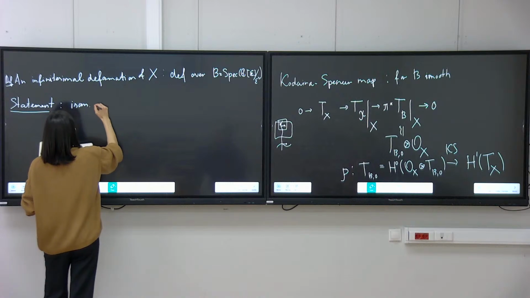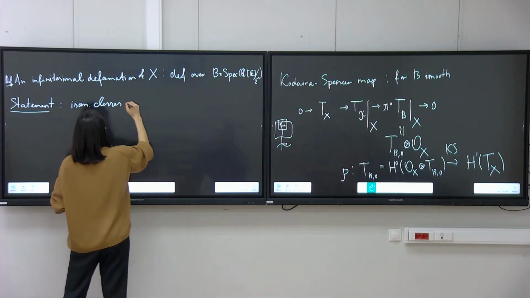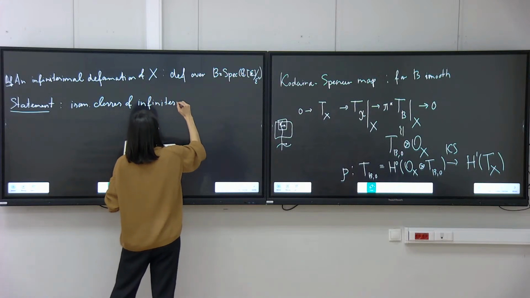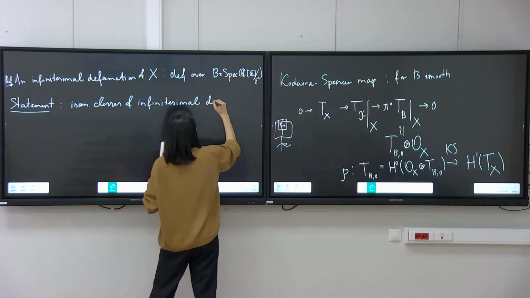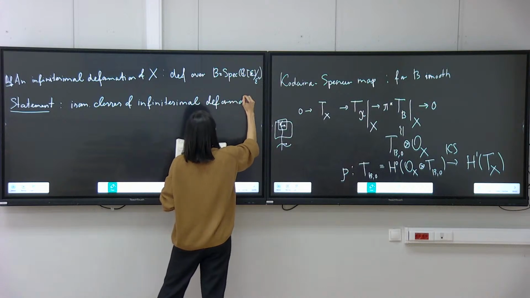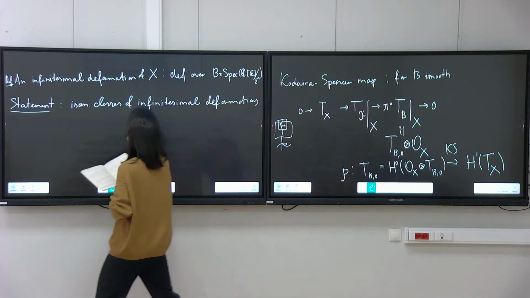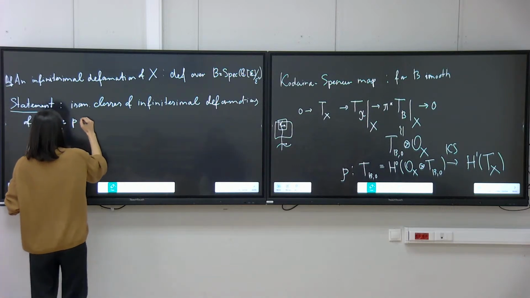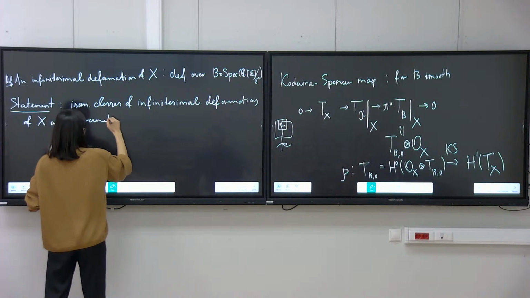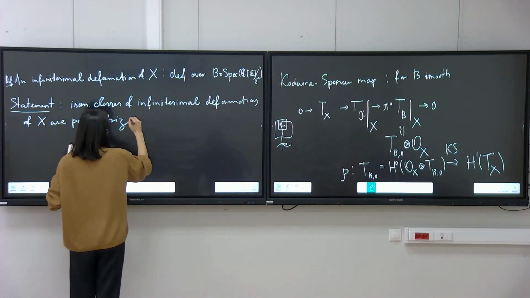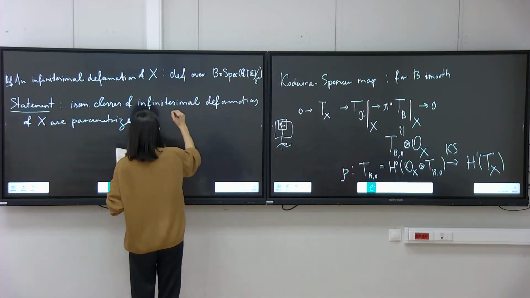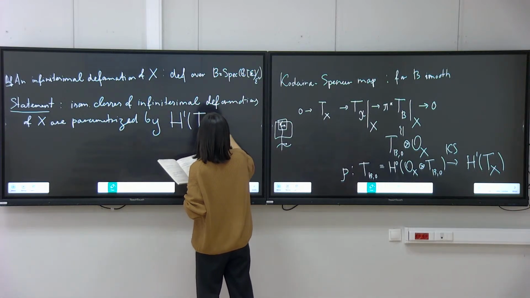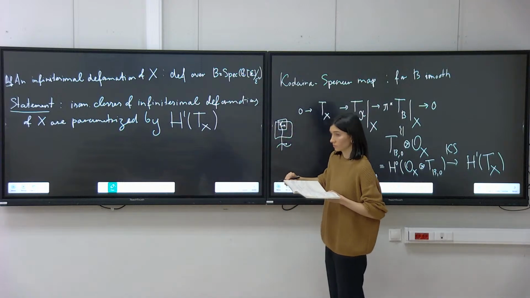Isomorphism classes of infinitesimal deformations of X are parametrized by the first cohomology of its tangent bundle. Okay?